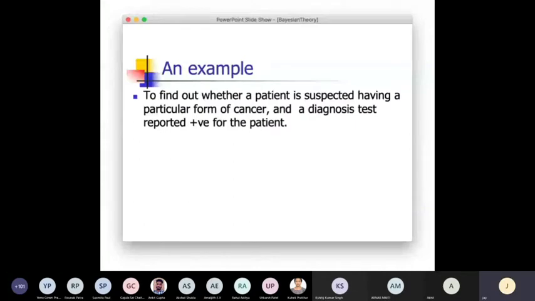So let us consider an example. Here, we would like to find out whether a patient is suspected of having a particular form of cancer, and for whom a diagnostic test has been reported as positive. So we would like to compute. Of course, we need some probabilistic model, some knowledge about this particular domain and related events.